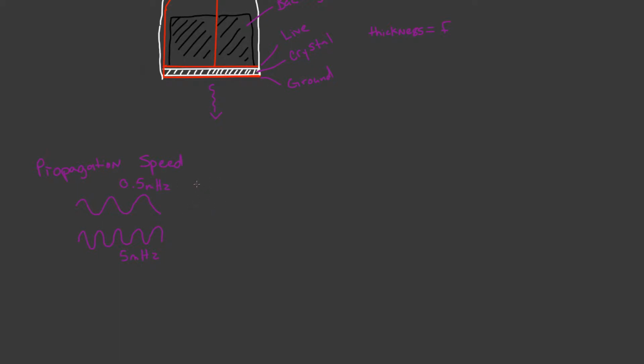And we're going to put them into some fat. And so when they go through the tissue, despite the fact that their frequency and wavelength are different, their speed through that given tissue is exactly the same.